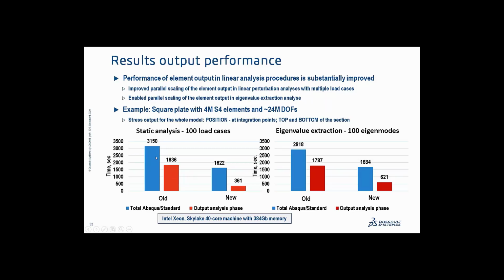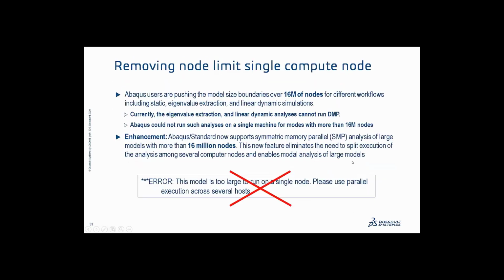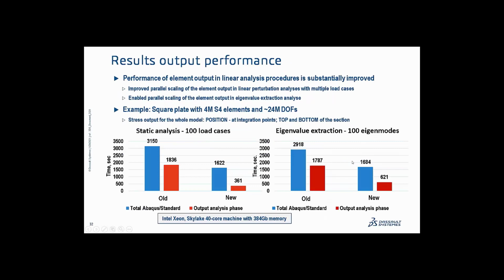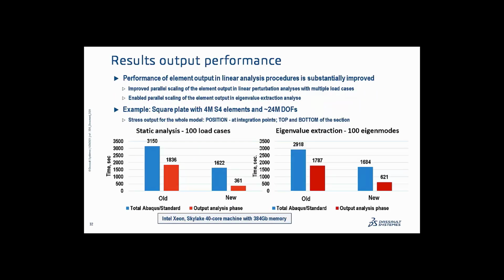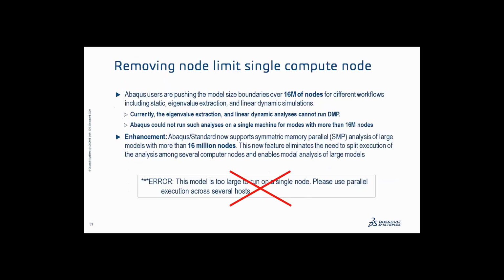But as we speed up the solver part, this number becomes significant relative to the total runtime. So we've taken a very deep look at the scaling and performance of the element output routines, and you can see here the first results of that: pretty significant improvements in element output, with reductions in element output times for these common linear workflows.